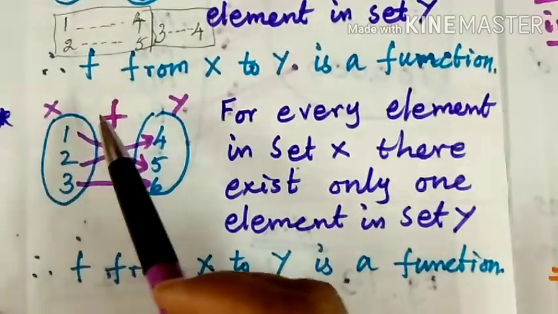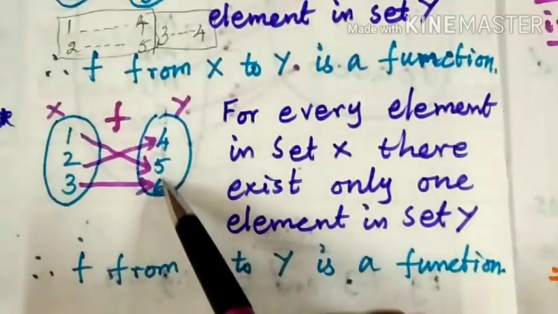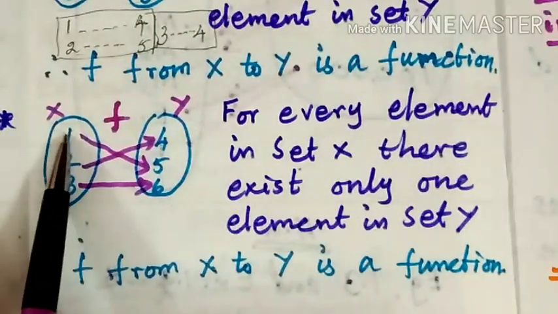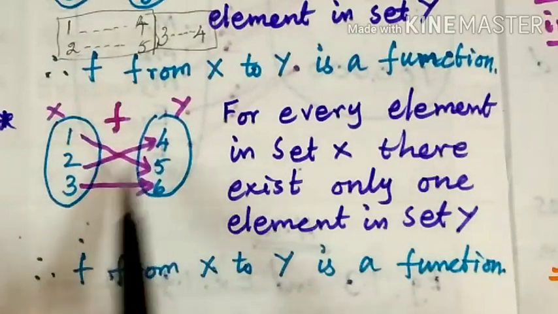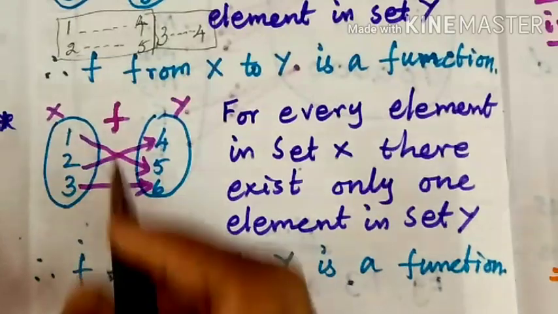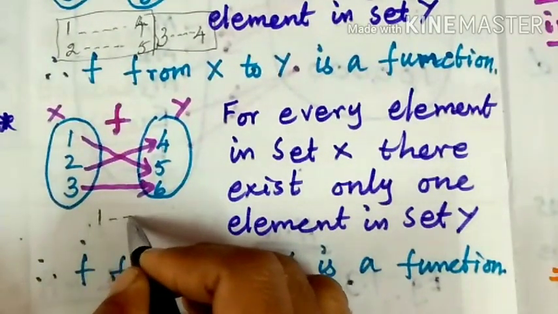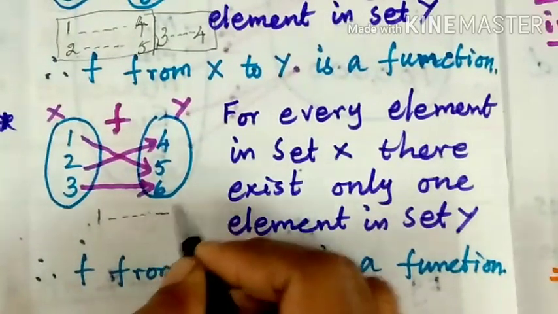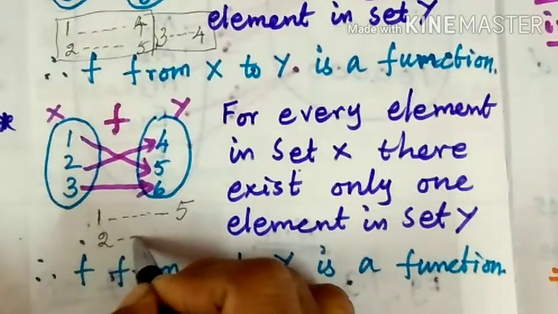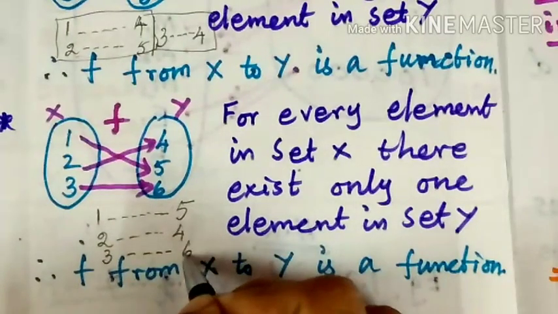See the next example, set X is {1, 2, 3} and set Y is {4, 5, 6}. Relation ordered pair f: 1 related to 5, 2 related to 4, 3 related to 6. See, here also 1 is associated with 5, then 2 associated with 4, 3 associated with 6.